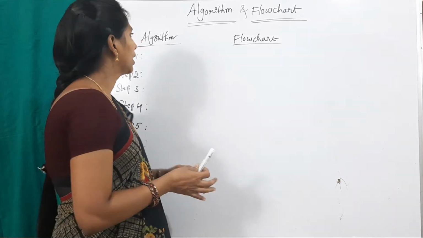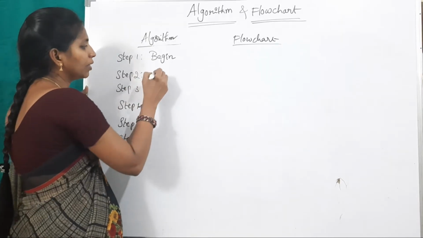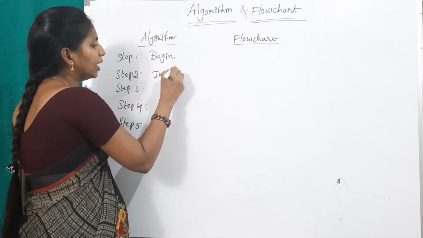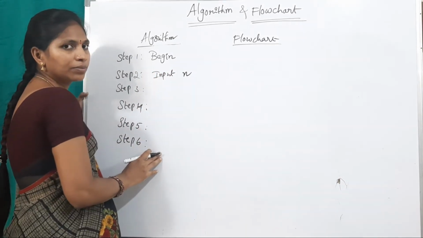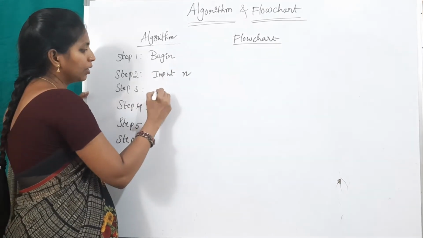odd. So first of all, begin or start, begin. Step 2, read a number. Input a number, input n. Check whether this n is even or odd.